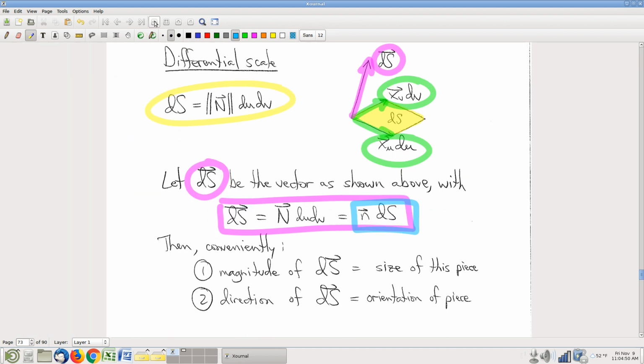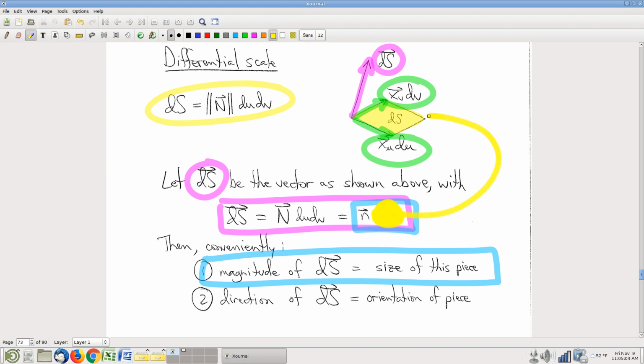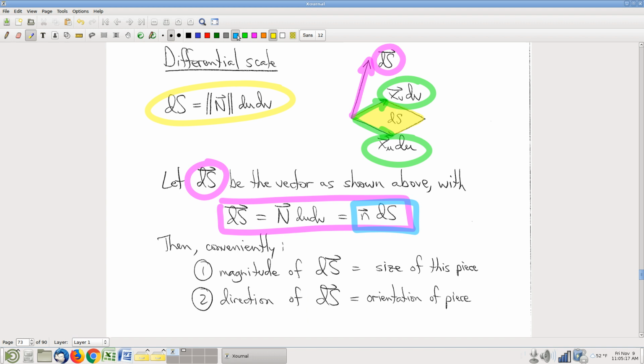This ds vector, its magnitude is equal to the size of the piece of area. Why is that? Well, because the magnitude, here's the magnitude, right? Little n is a unit vector. That's the magnitude. It is ds. So the magnitude is the size of the piece. What is the direction that this ds vector points in?